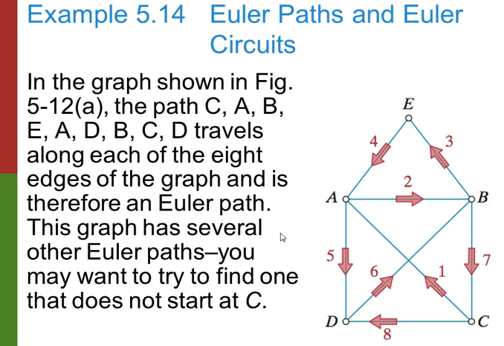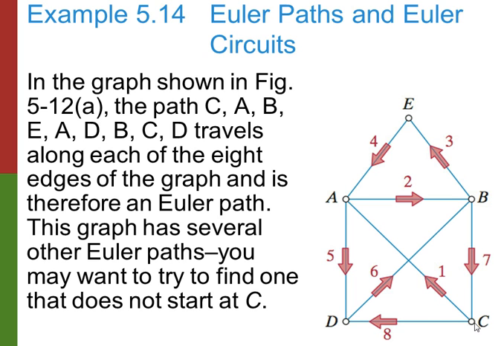All right, why not? So now we have this graph, and I'm starting a path at C, and I go that way, and I go 2. That way, this way, this way, that way, that way, that way, that way.